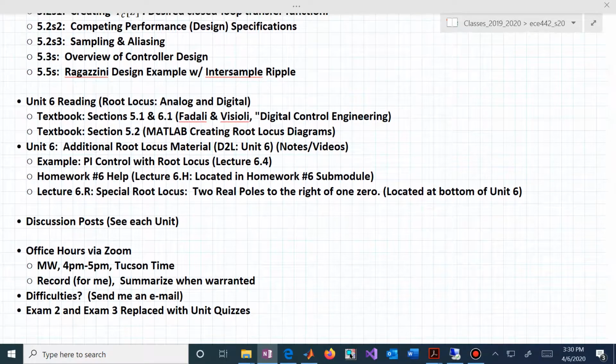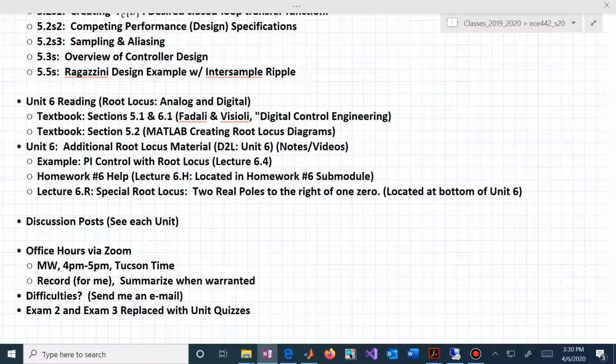For Unit number 6, now we're getting into the root locus, and Unit 7 will also be on the root locus. We'll cover rules 1 through 3. There will be 5 total rules that we will introduce in our discussion, and that might be in some other source represented by 10 rules. We'll just consolidate those into 5 rules.